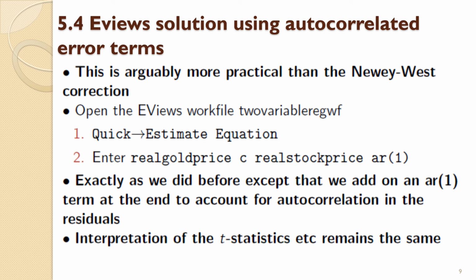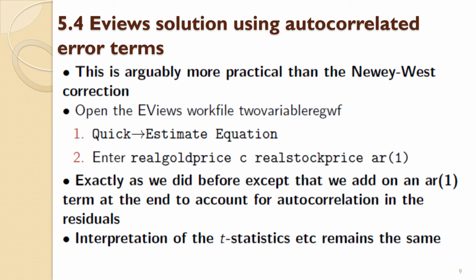So in eViews, fitting a regression model with autocorrelated errors is just an extension of what you've seen before. And just to recap, a regression model with autocorrelated errors is probably more practical and preferable to doing the Newey-West correction.